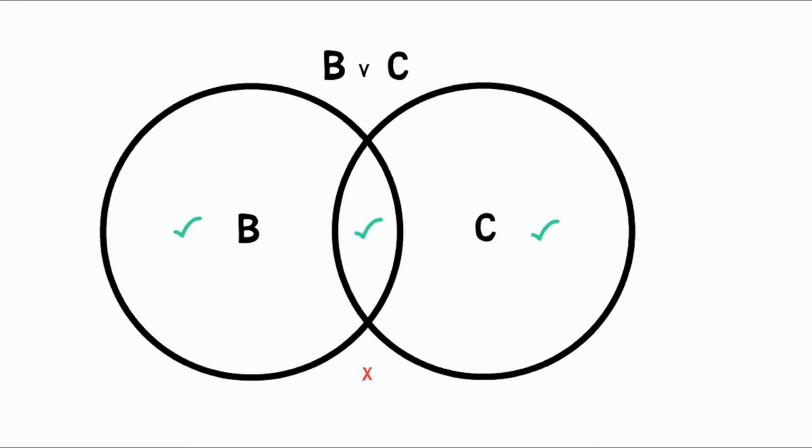So we put a check mark here on the B side, we put a check mark here on the C side, and of course a check mark goes in the middle where they overlap, because if both B and C are true, then it's still at least true that one of them is true. So the expression either B or C still works just fine. So let's look again at our expression of the DeMorgan equivalence for negating disjunctions.